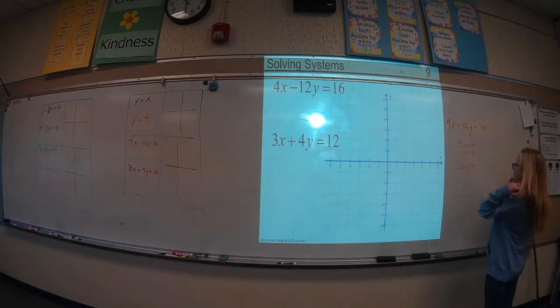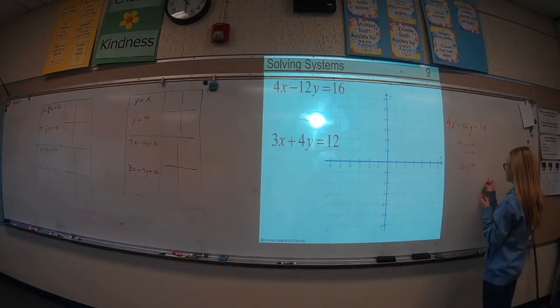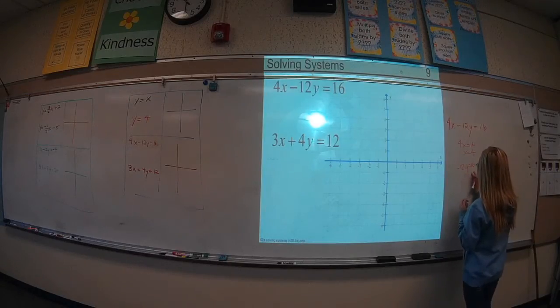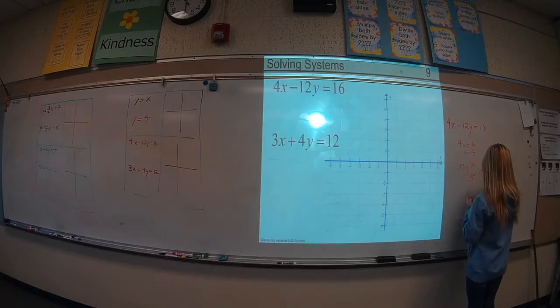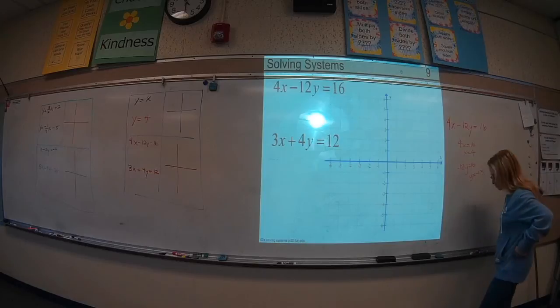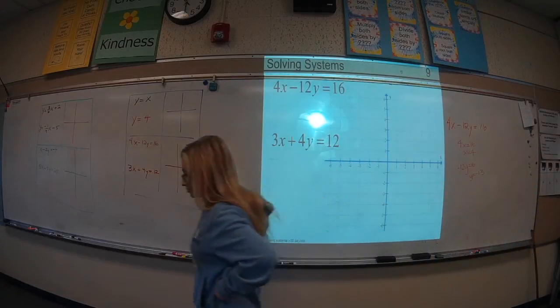She put the negative on it. Now she's going to solve it for y. And she got negative 1.3 repeating, which we can graph. That's okay.